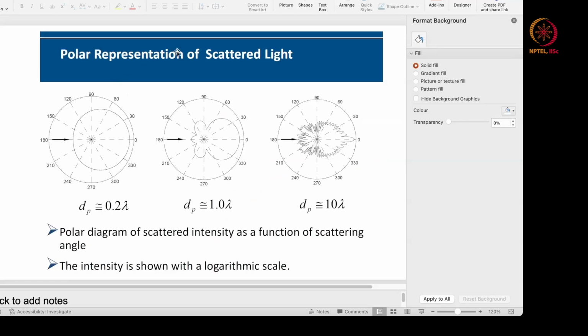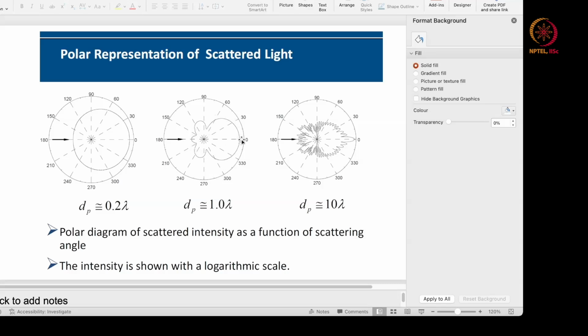If you do a polar representation of the scattered light, you will find that when dp is small, roughly in the Rayleigh scattering limit, this is the direction of illumination and this is the kind of scattered intensity you get. As you go to about the wavelength, you get this multi-lobe feature.